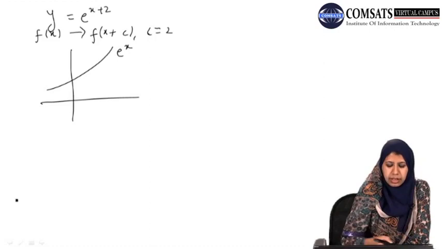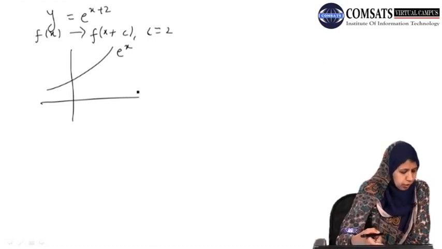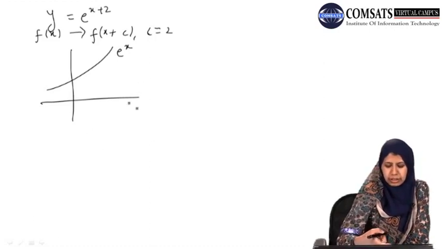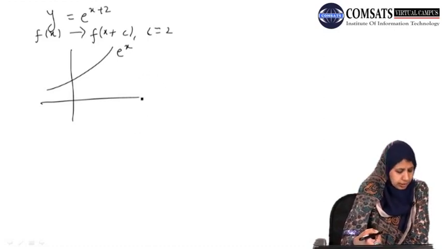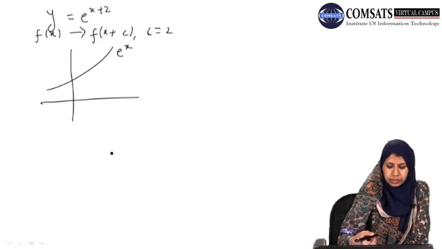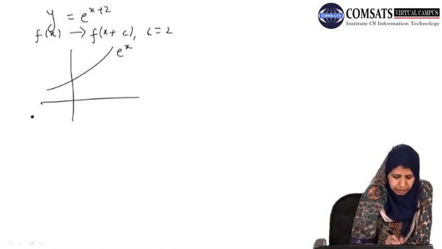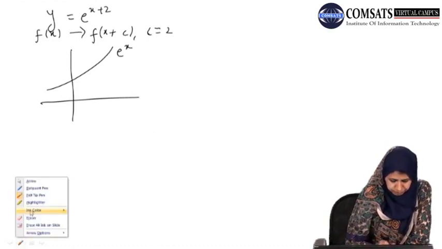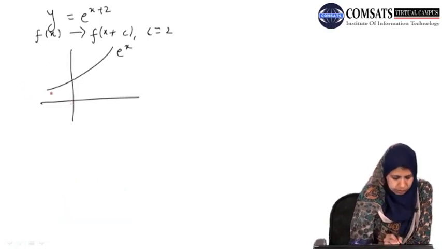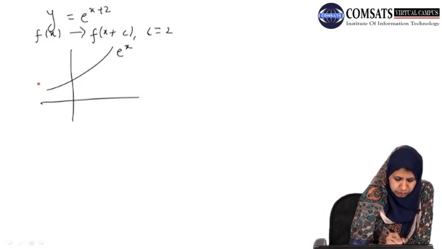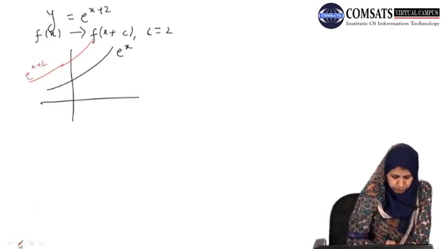And now, the graph of e to the power x plus 2 will be the graph of e to the power x shifted 2 units to the left. That is, the graph will look like this. Graph is e to the power x plus 2.